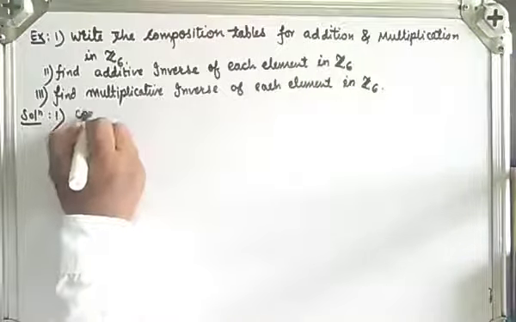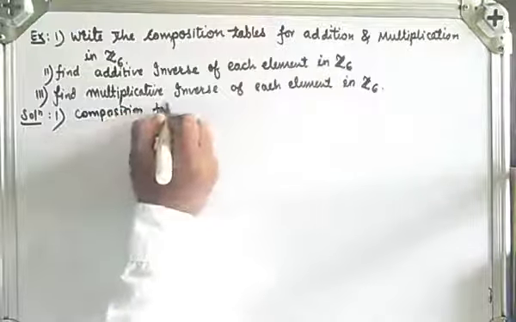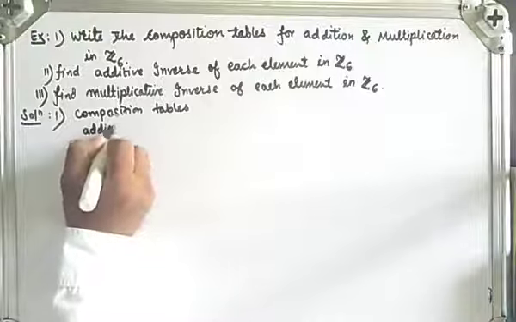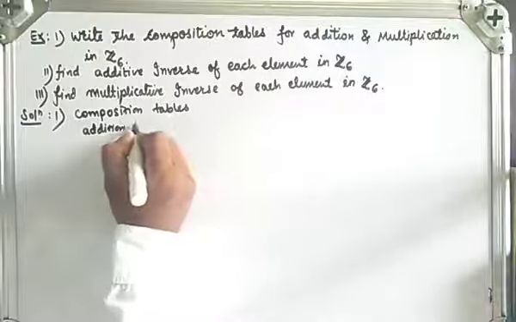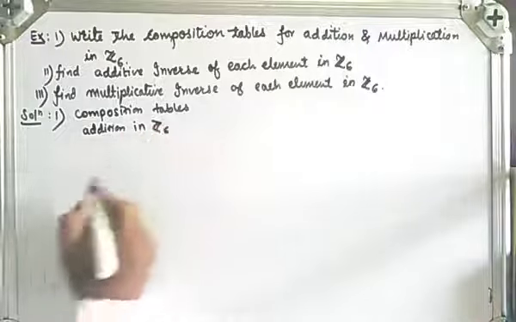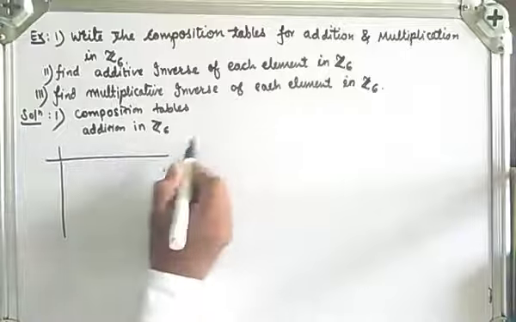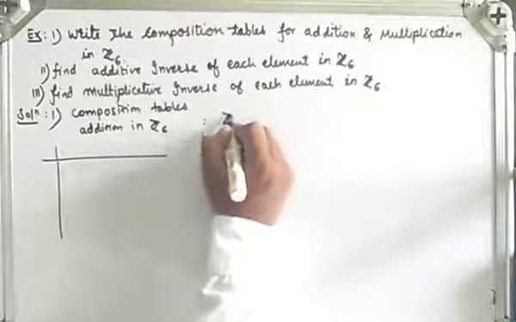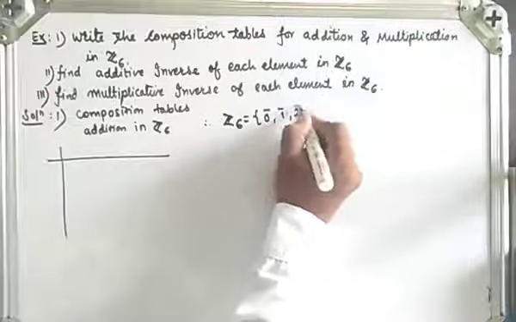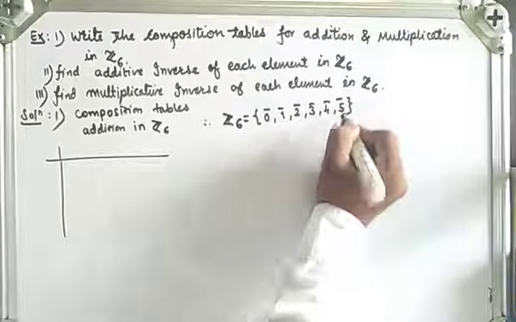So, composition tables. First, addition in Z6. Let's prepare the composition table. We know that Z6 has the elements 0 bar, 1 bar, 2 bar, 3 bar, 4 bar and 5 bar.